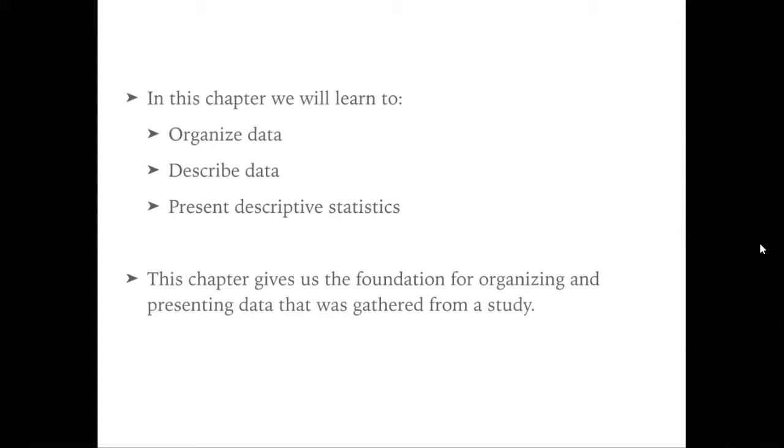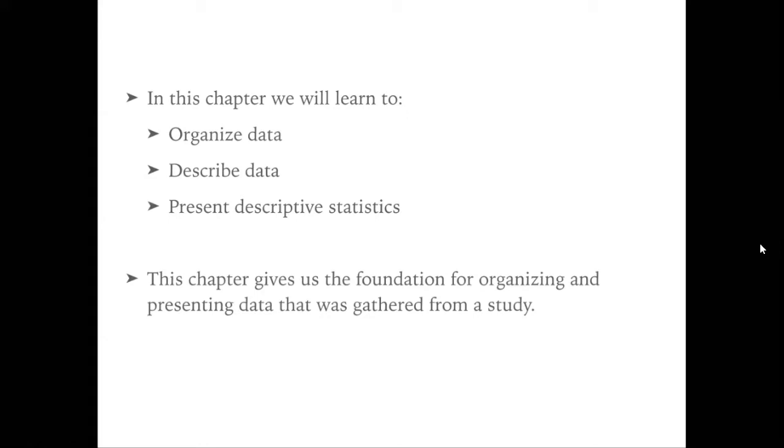So this is, if we already have data gathered, what are we going to do to organize it in a manner that allows us to describe it using means, medians, modes, something called a 5-number summary. We can talk about standard deviations and other descriptive statistics that we can calculate from data that we've collected.